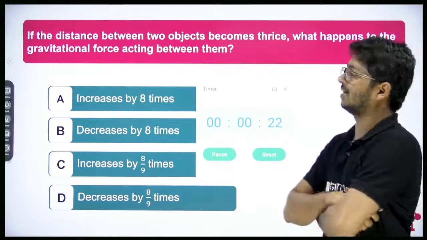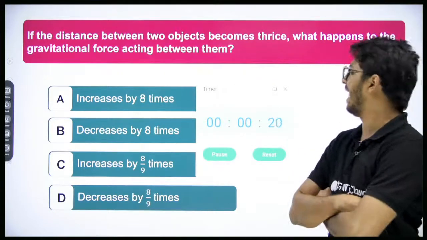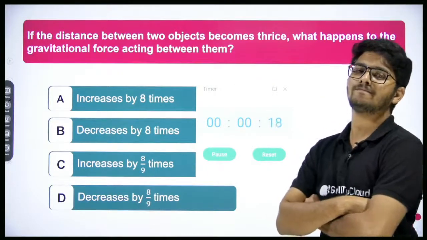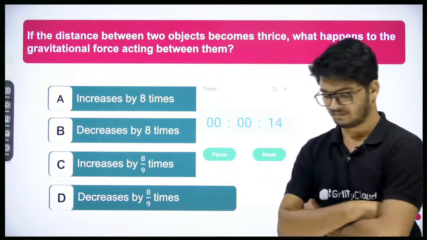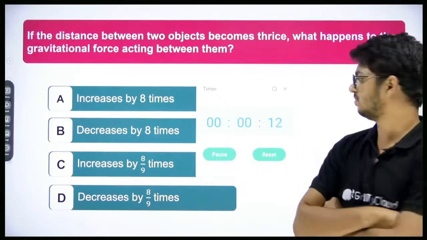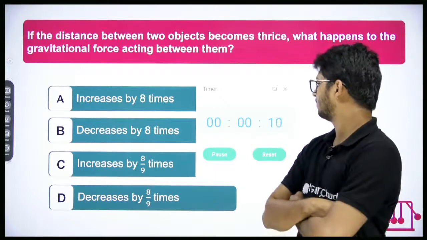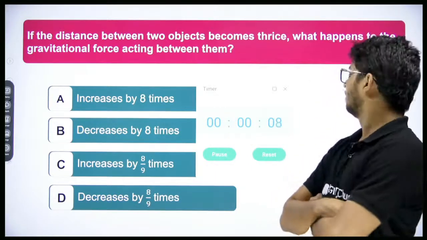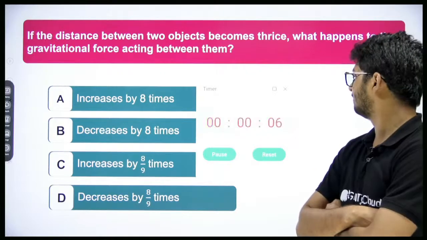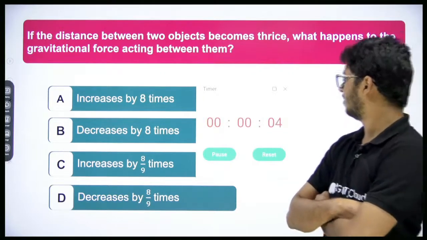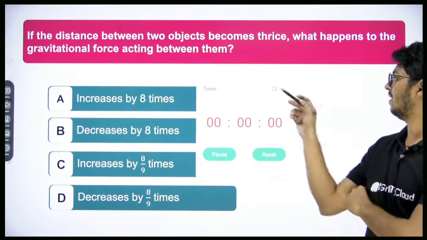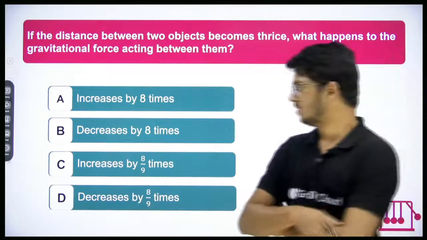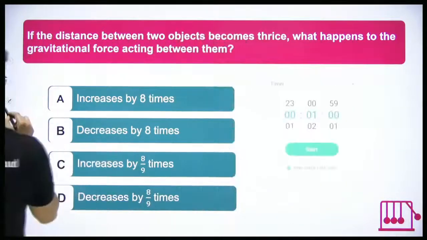What happens to the gravitational force acting between them? 5, 4, 3, 2, 1. The time is up. Now let's solve it.